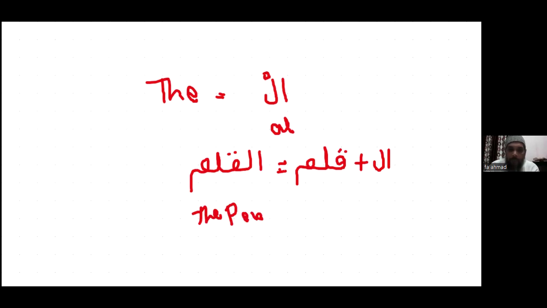Let's see another example. Here is "walad". Walad is boy. And prefix "al", the article, and now join together: "al walad".